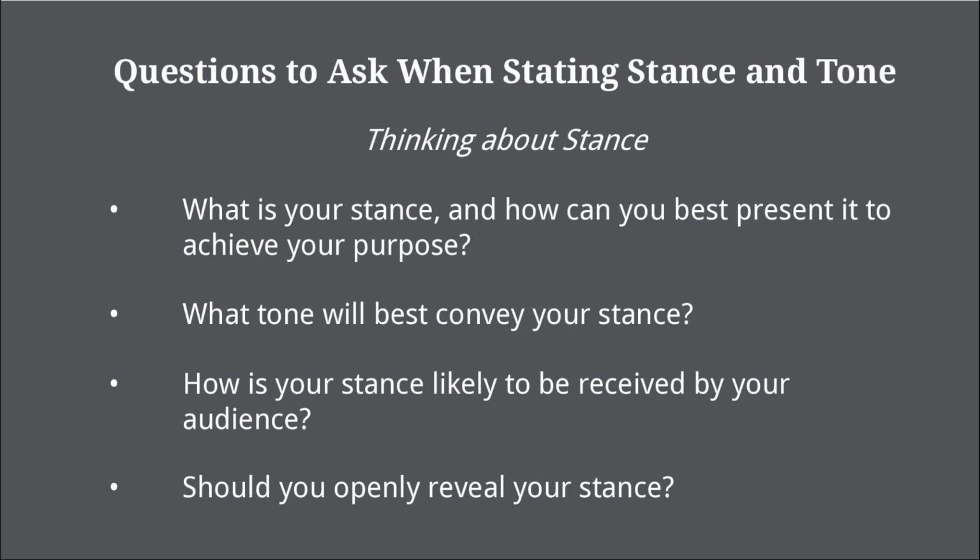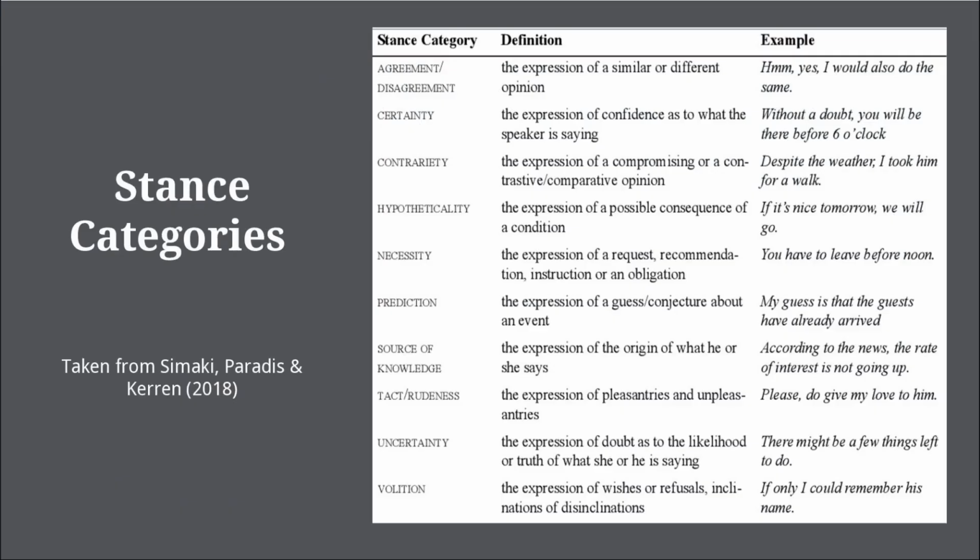Now, let's see. This table presents some types of stance, their definitions, and some examples to guide you on how to express stances. For instance, let's take the second one, certainty. When you look at the example, "without a doubt," that part of the sentence makes clear what your stance is.